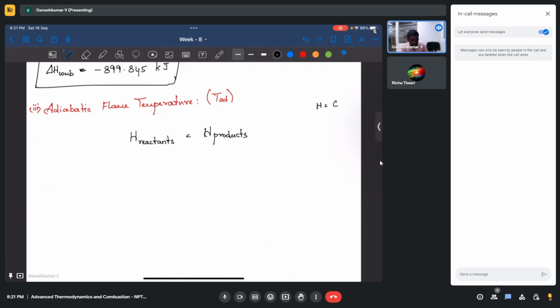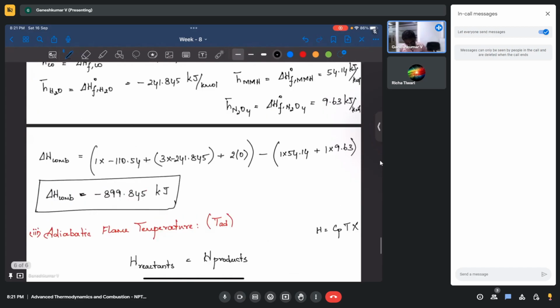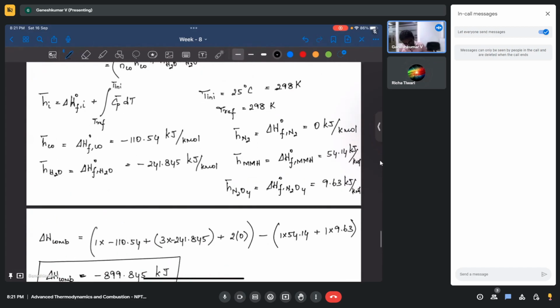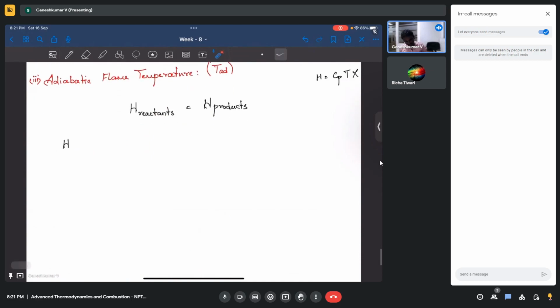If you just write enthalpy as CpT, you would say that the temperature of reactants and products should remain the same, but it is not just CpT. As we saw in the last section, enthalpy is an addition of formation enthalpy and sensible enthalpy. So in addition to CpT, there is an additional term, the formation enthalpy. Till now in this thermodynamics course, you would have just written H equal to CpT, but in combustion you should not do that.